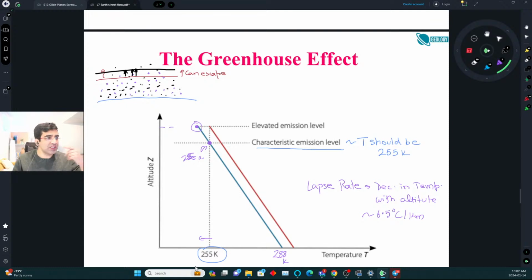So the temperature must again go back to 255 Kelvin, because equilibrium should be attained. When you attain equilibrium, you go to this level over here. Everything below it has to warm up, because you have to follow that lapse rate, which is 6.5 degrees Celsius per kilometer.